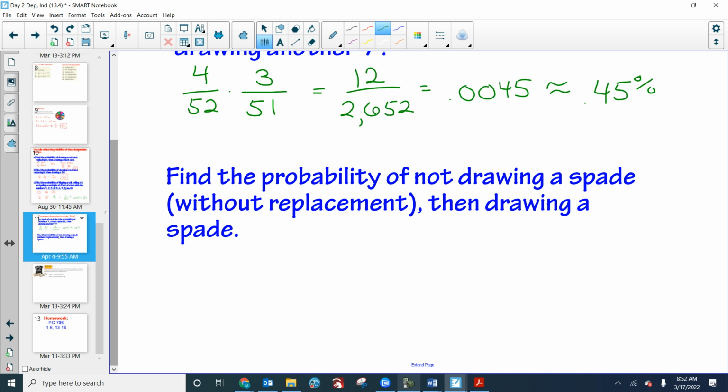So how many spades are there? There's 13 spades, 13 clubs, 13 hearts, right? Mm-hmm. So yeah, 52 minus 13 will tell you how many not spades there are. It's like 30 something.